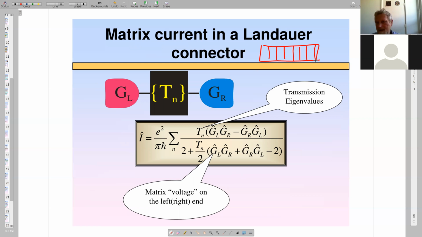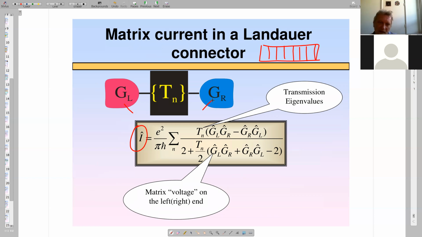It turns out that any matrix current between two leads is described by the same expression in all quantum circuit theories.